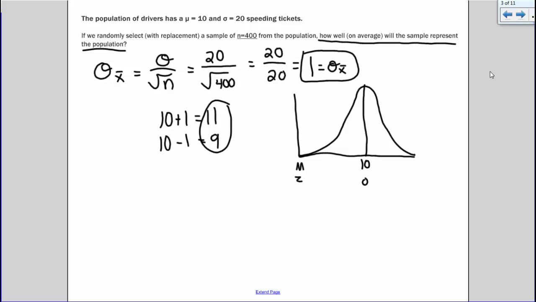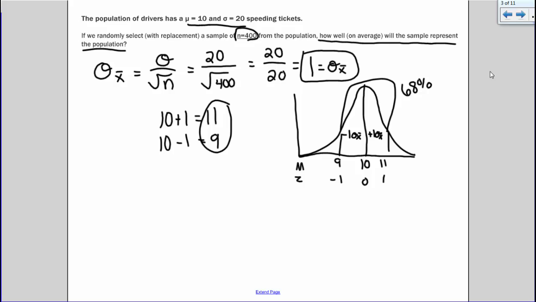Population mean is in the middle, z-score of 0, and then we have 11 and 9, negative 1, positive 1. So this would be minus 1 standard error and plus 1 standard error. So we would expect that 68% of any possible sample mean from 400 people from this population would fall between 9 and 11.